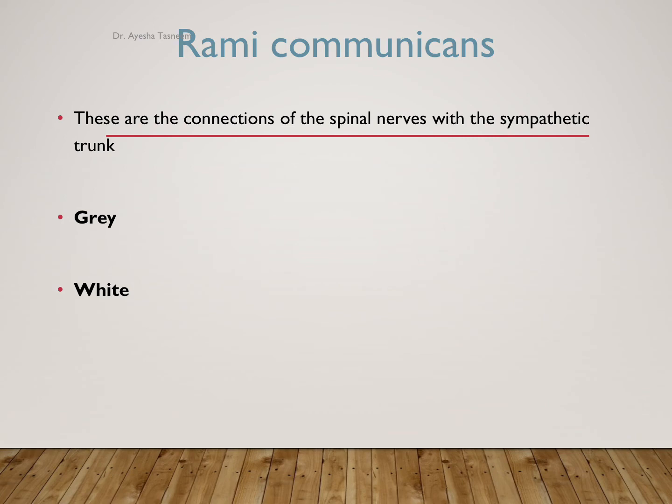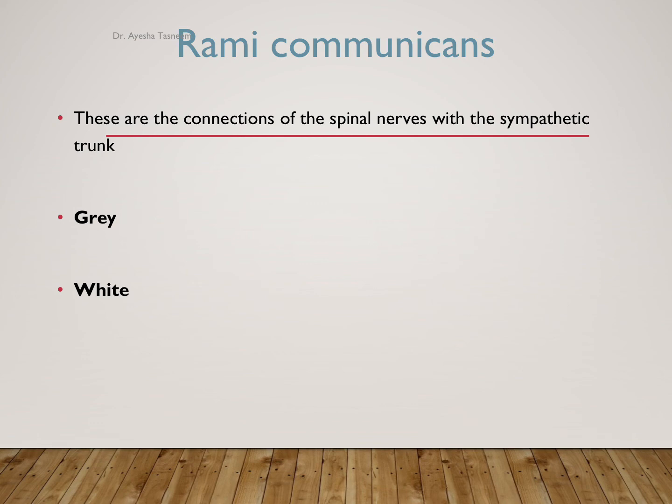In the nervous system, there are some connections that arise from the spinal nerve. These are the connections of spinal nerves with the sympathetic trunk. These connections are known as the rami communicantes. We have two types of rami communicantes, gray and white. Gray rami communicantes exit at every level of the spinal cord.